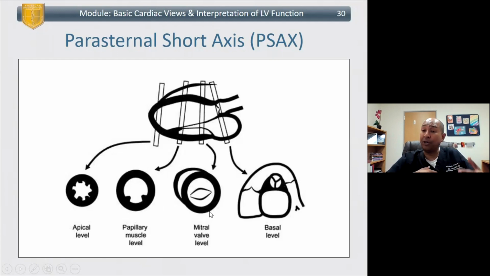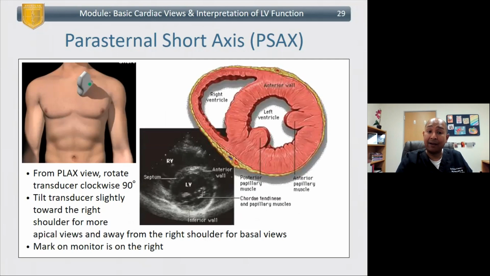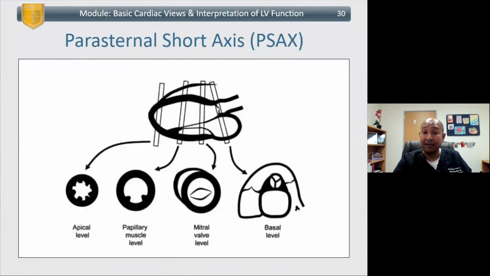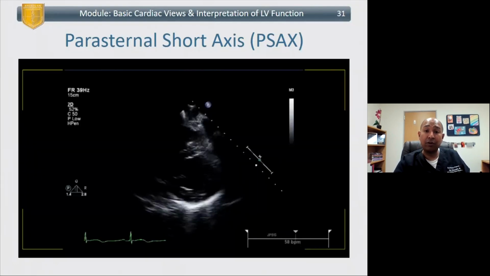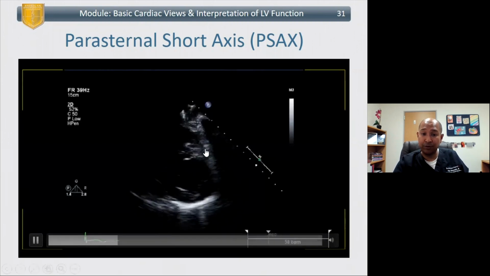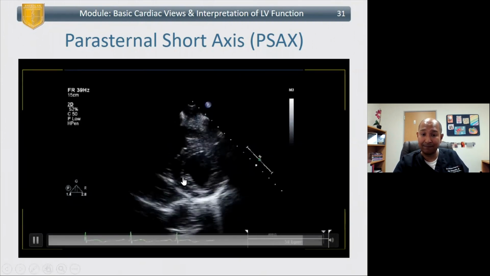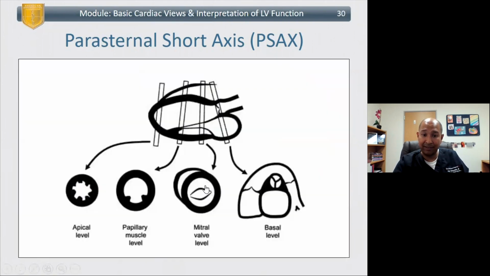And I'll show you actual pictures to show you what I mean once you're in that parasternal short axis view and how you could fan or tilt to find these specific views right here. So we're looking at the parasternal short axis views, looking at the apex. So this is going to be this view over here at the apical level.